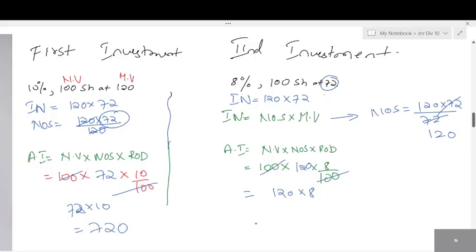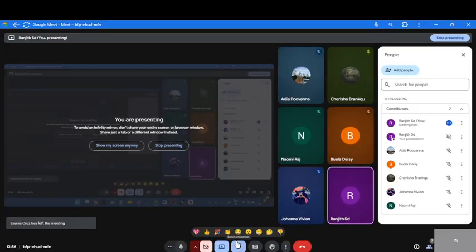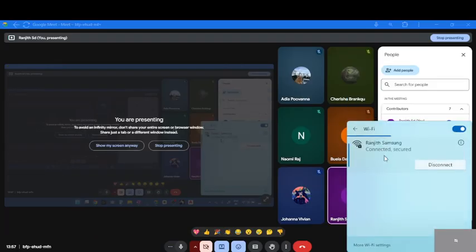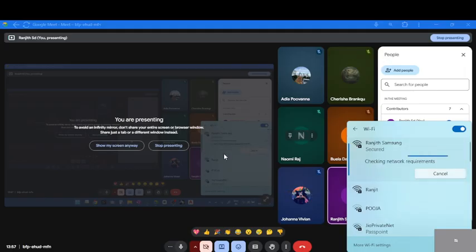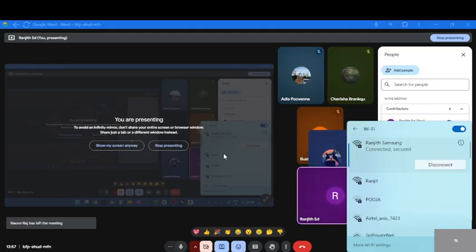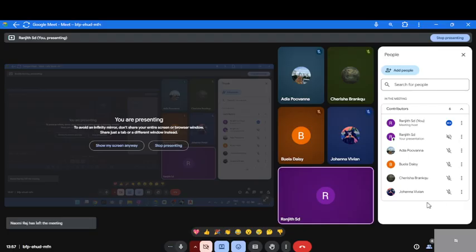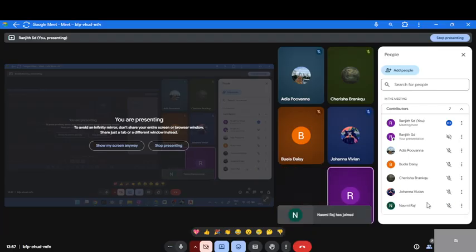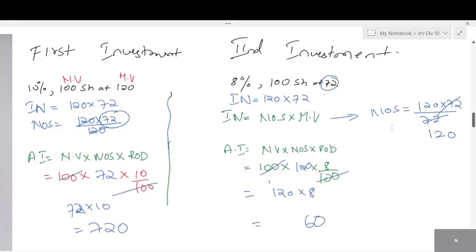So which is the better investment, students? In which one are you getting more annual income? Yes, which one is the better investment?